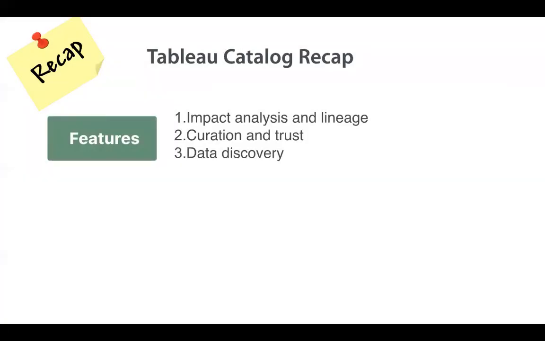All right, Tableau Catalog recap. It is mainly designed to answer the lineage question, so we can understand the impact analysis. It also helps people to correlate their data. You can certify the data source, and people can see the certification icon there.